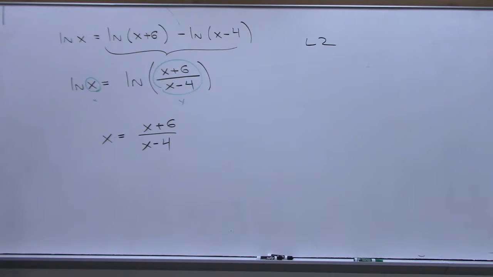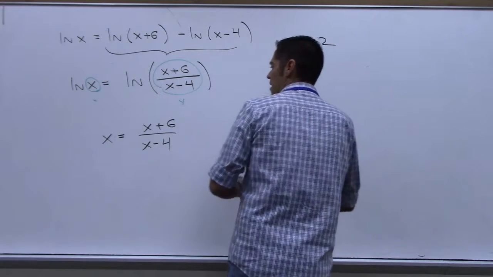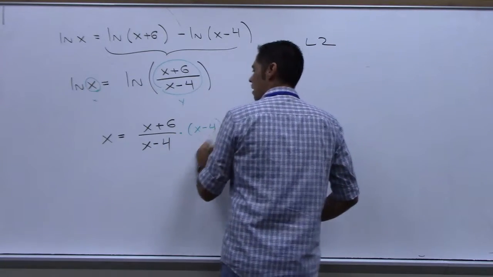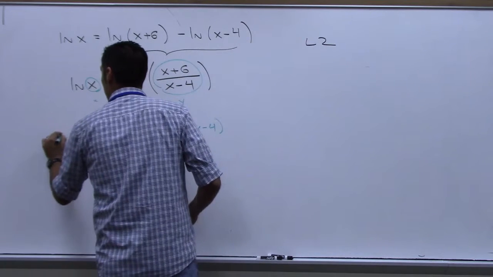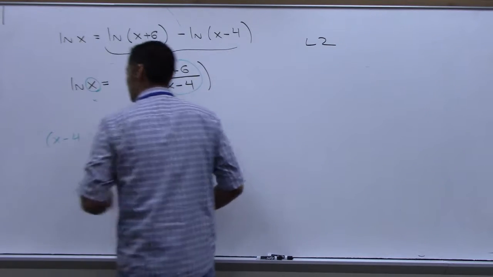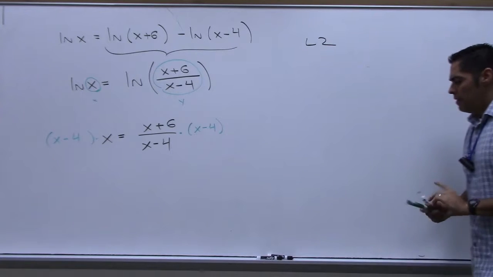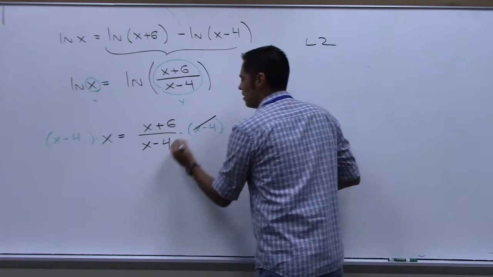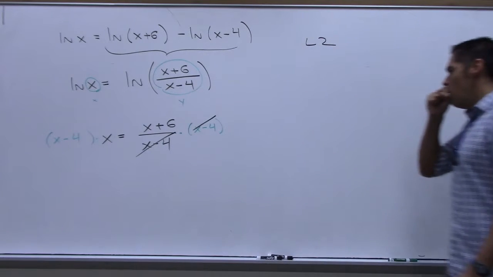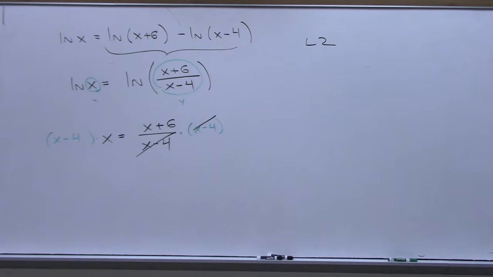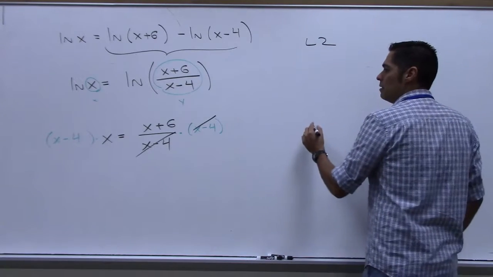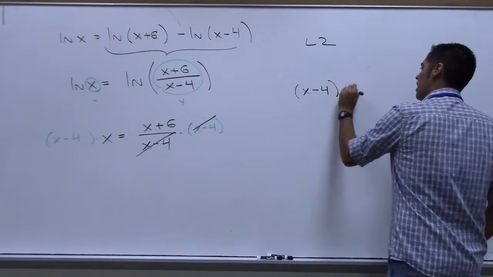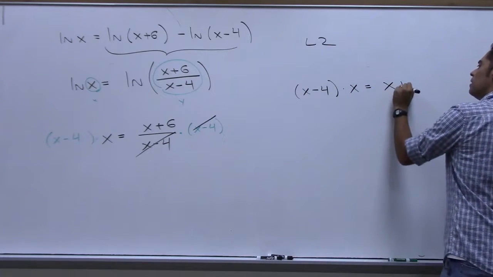So that's what I'm going to do. I'm going to come in here with my LCD, which is x minus 4, and I'll multiply both sides by that x minus 4. That look familiar? That has the effect on the right side of killing off the x minus 4 in the denominator. On the left side, I have x minus 4 times x, which I'll distribute on the next line.